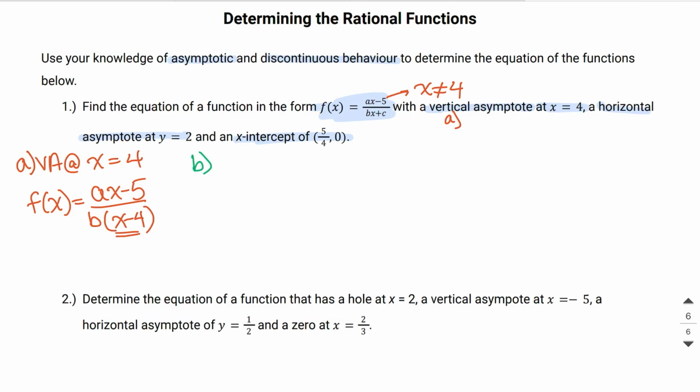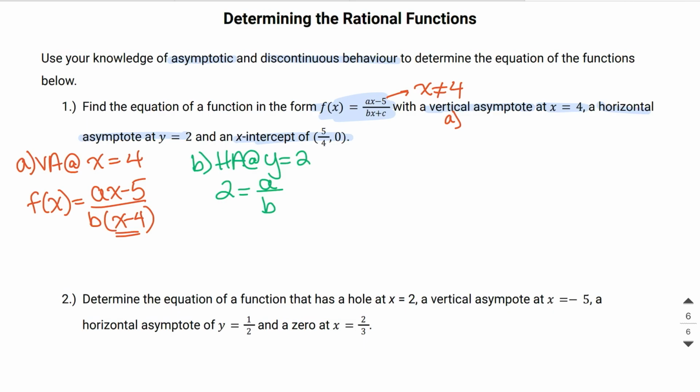And because the degrees are the same, we can say that the number that the horizontal asymptote is at is equal to the leading coefficient of the numerator divided by the leading coefficient of the denominator. So because we have a horizontal asymptote at y equals 2, we can say that 2 is going to equal this a over this b right here, neither of which we know. So we don't have enough information to do anything with this right now.